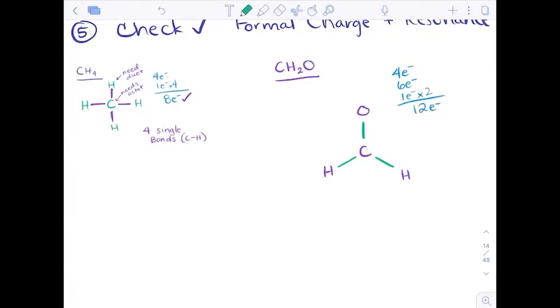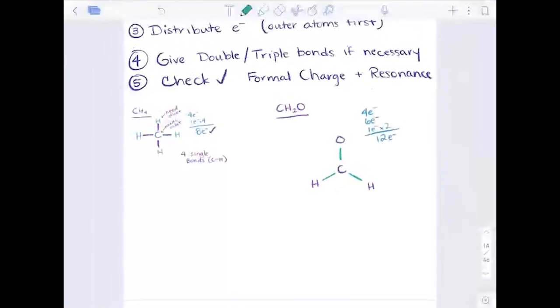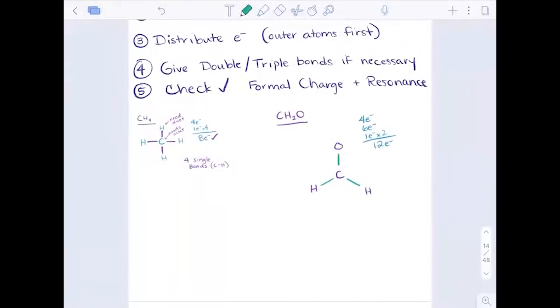Now, when I want to do my distribution, number 3, to the outer atoms first, I know that I've done 6 electrons in my bonds. So I have 6 electrons left over. Both hydrogens have their duet. Now let's focus on oxygen.